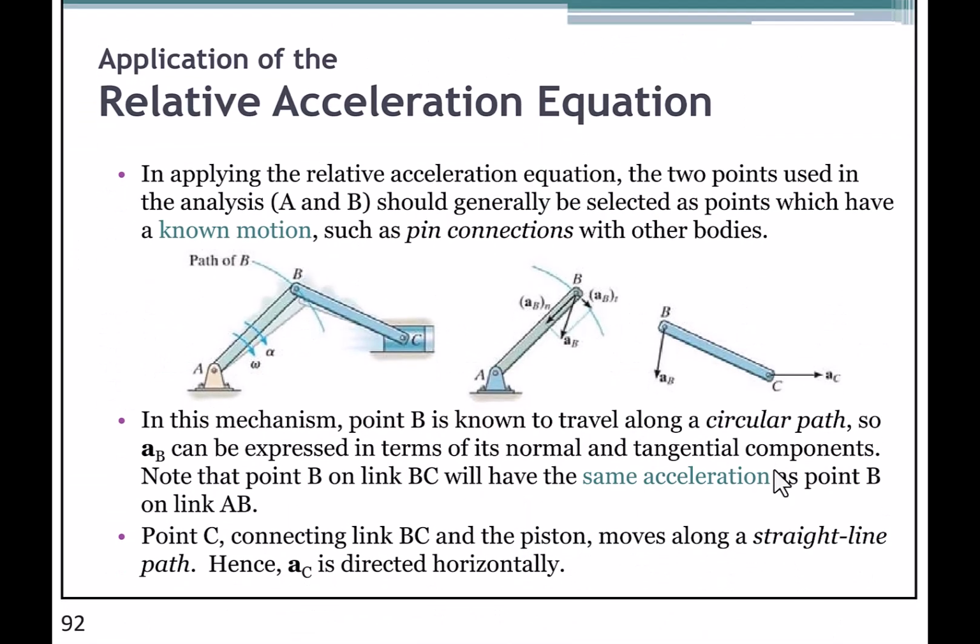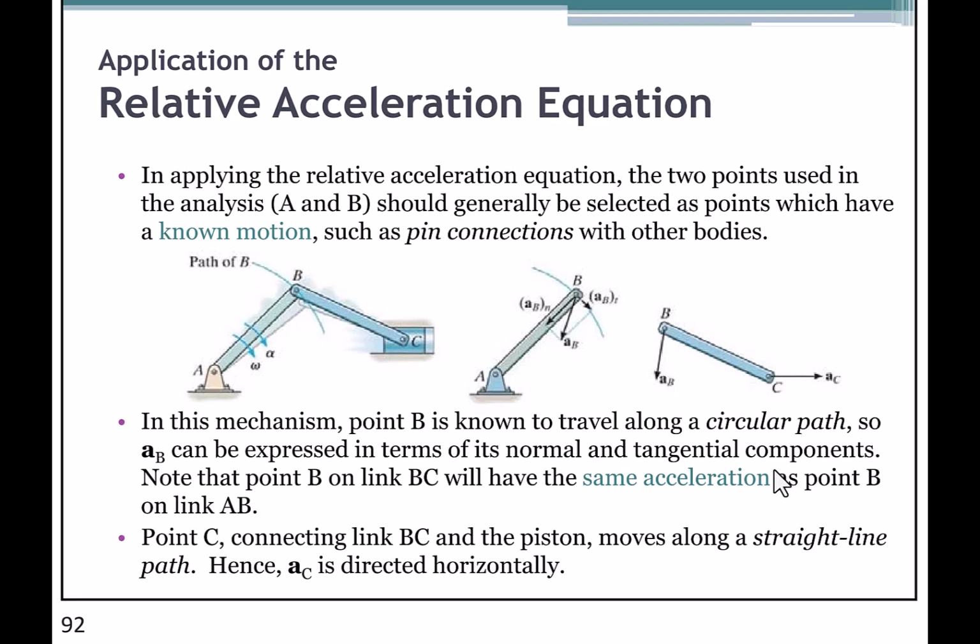What about the relative acceleration equation? Well, in applying the relative acceleration equation, the two points used for analysis, A will be, let's look at the examples we did. This book explains using this example, so we'll stick with it. They should generally be selected as points which have known motion.